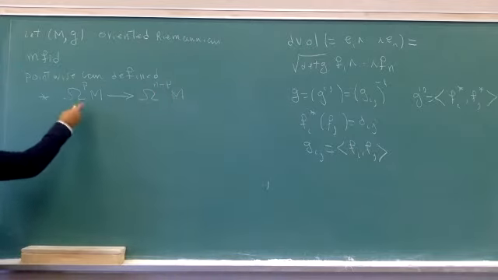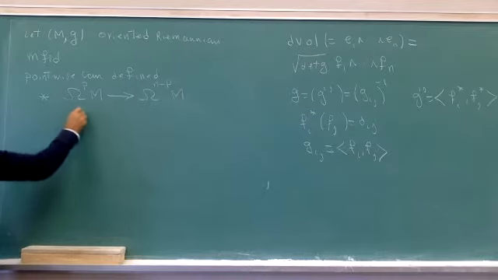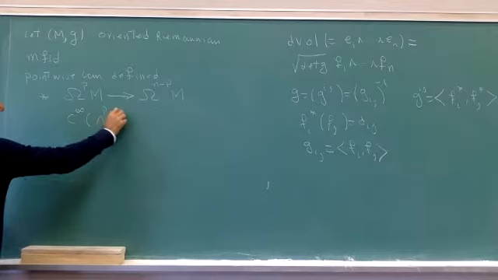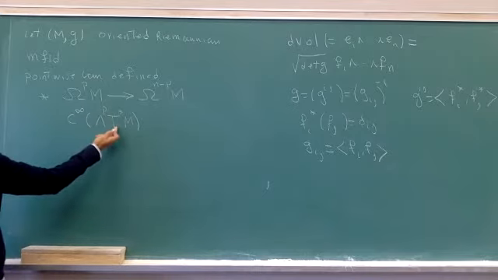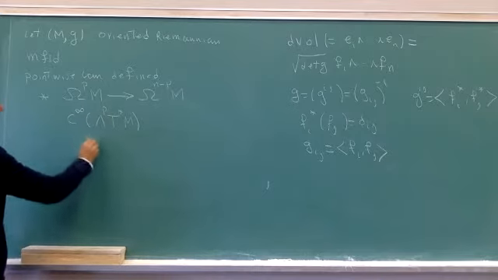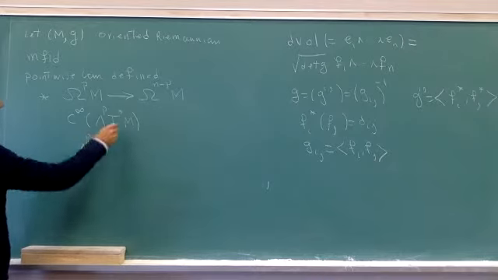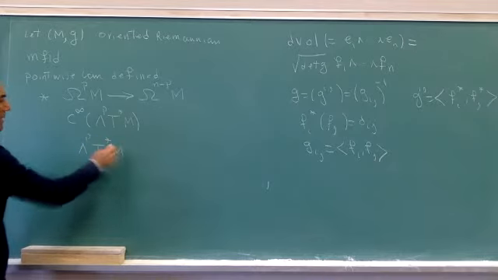The reason for this, of course, is that this is nothing but the sections of wedge^p T*(M). If you look at the fiber at each point, you have wedge^p T*_x(M).